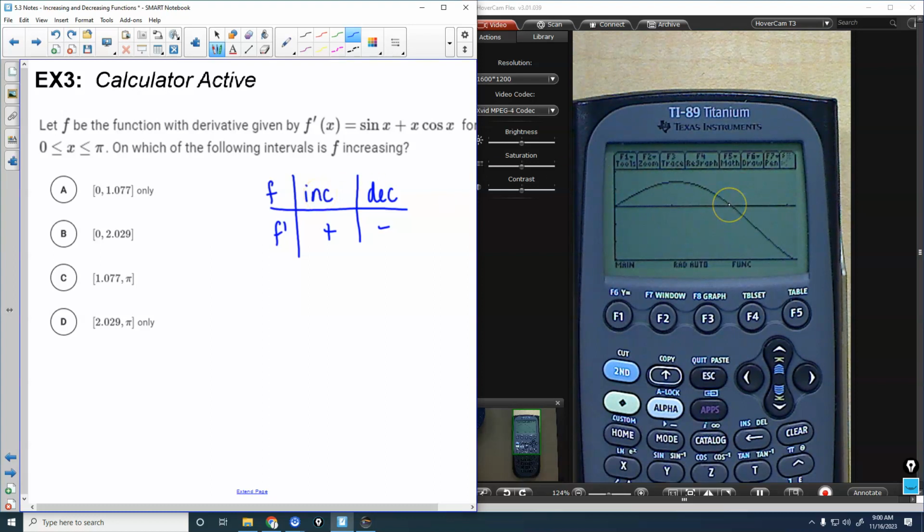X-intercepts. So I'm looking above or below the x-axis, right? And since it's increasing, I'm looking for where this is positive. So it's positive above the x-axis, right here. If you're in a hurry, if you're about out of time, which answer choice would you pick?